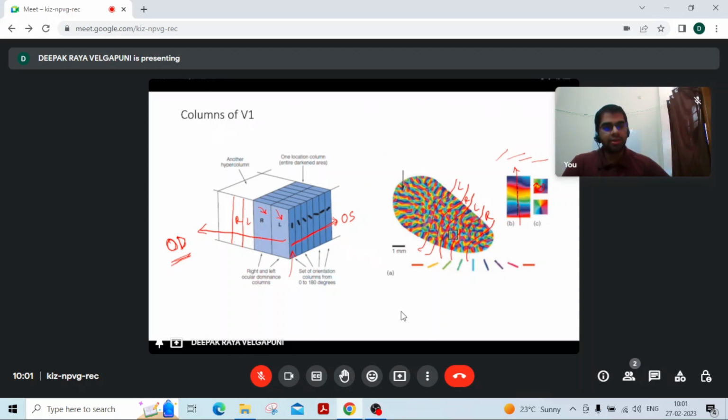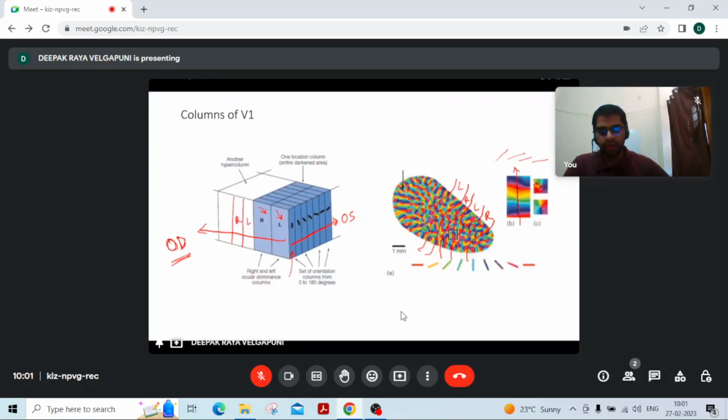And this is how the columns of V1 are present, which has orientation selectivity and ocular dominance columns. And this color map gives a big picture of how the ocular dominance and orientation selectivity is structured in the visual cortex.